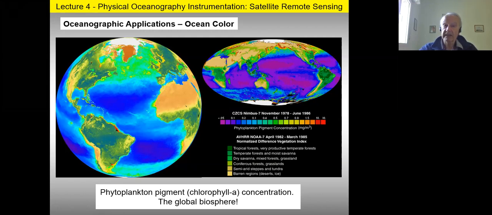Subtropical gyres to the north and south are the areas where we have convergence, and convergence means that you have a downward flow at the surface, at the center of these gyres, which means that the concentration of chlorophyll is very weak, and the primary production, the phytoplankton biomass and its production, is very low in these subtropical gyre areas.